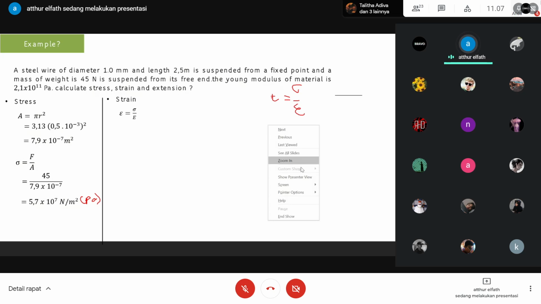Yeah, and we obtained the stress from the previous calculation, and our goal is to know the strain. So simply, you just change the position between Young modulus and strain. Yeah, so the equation will be like this. And then you just substitute your numbers.